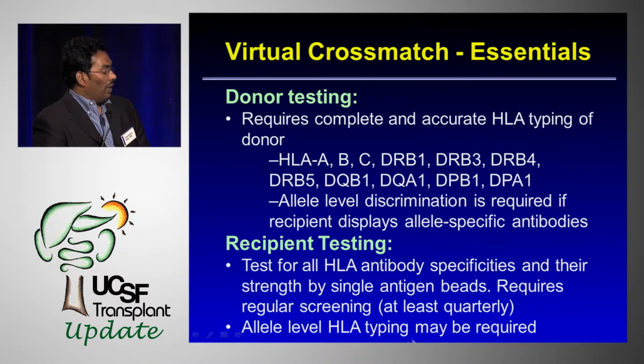Then in recipients, you characterize all the antibodies using the single antigen bead assay, which I will come to later. If you define these components from the donor side and the recipient side, you can predict what antibodies the patient has and whether those antibodies are against the donor's antigens, and how much antibody. If you know that number, you can predict whether it's going to cause a CDC cross-match or a flow cross-match, or whether it's going to be a negative cross-match.